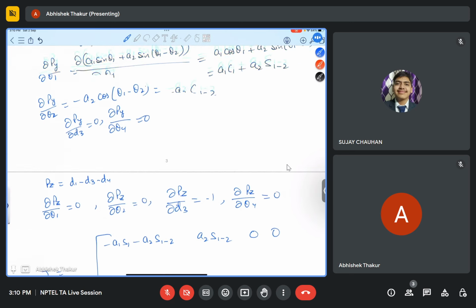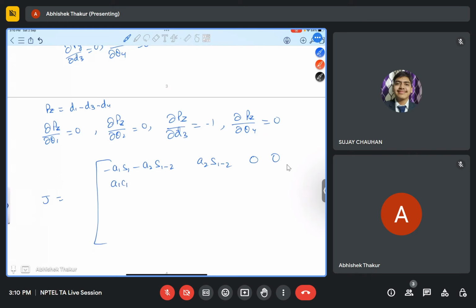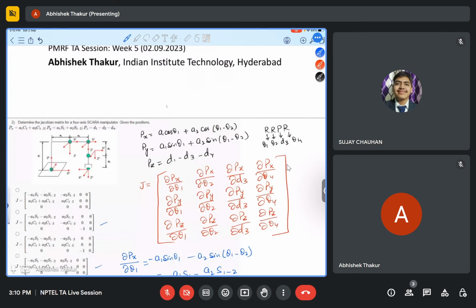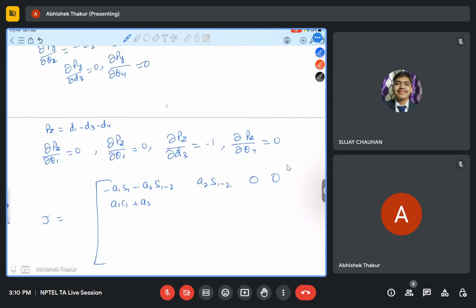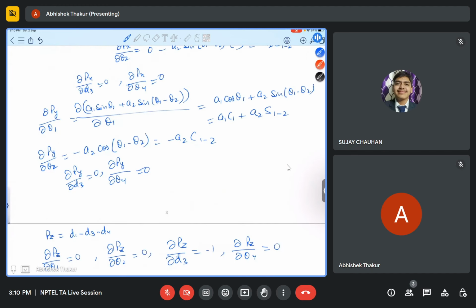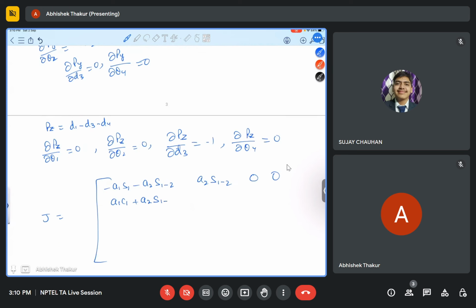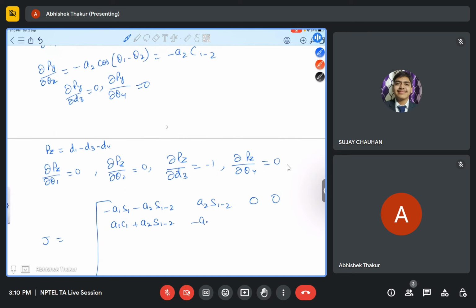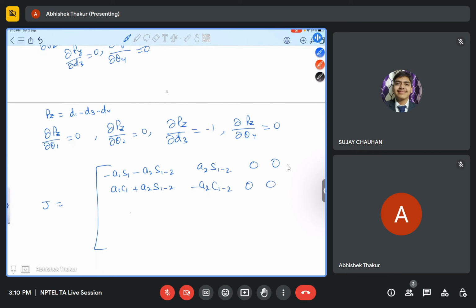After that, it will become a1 c1 plus a2 c of 1 minus 2, then the second term minus a2 c of 1 minus 2. Then these two terms will become 0. And in the third row, it will become 0, 0, minus 1, 0.